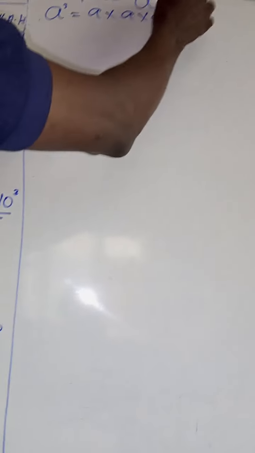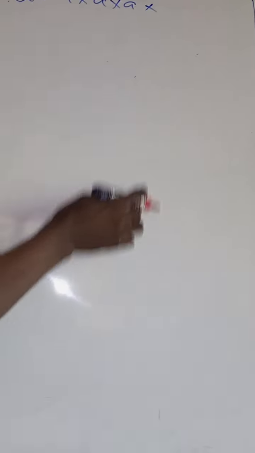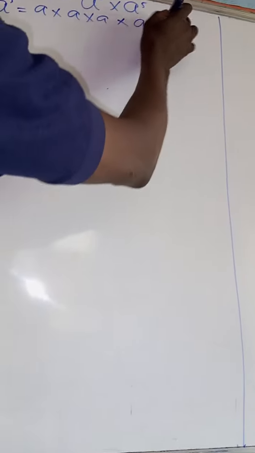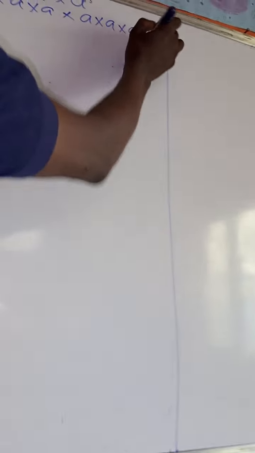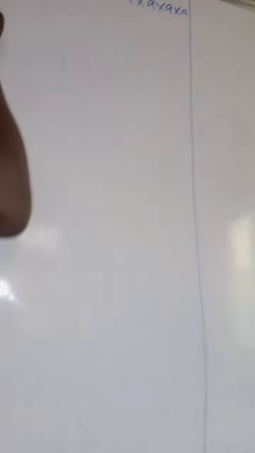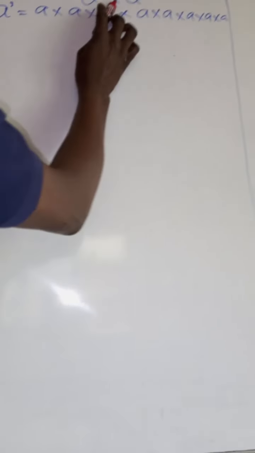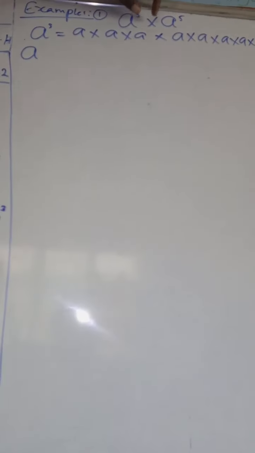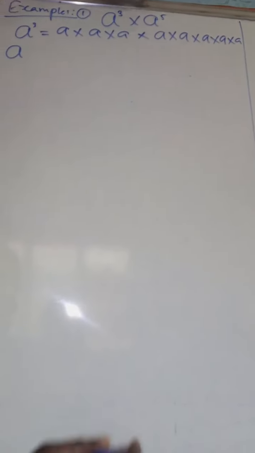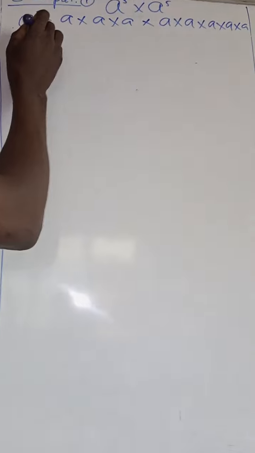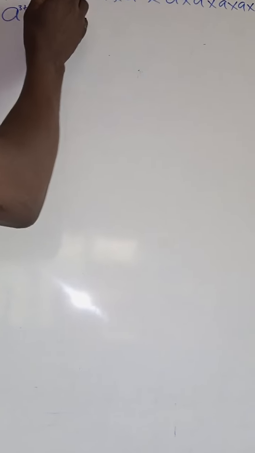Now this times comes here. A raised to power 5 is a times a times a times a times a, in 5 places. Applying the rule that when it is multiplication you add the powers, 3 plus 5 gives a raised to power 8.